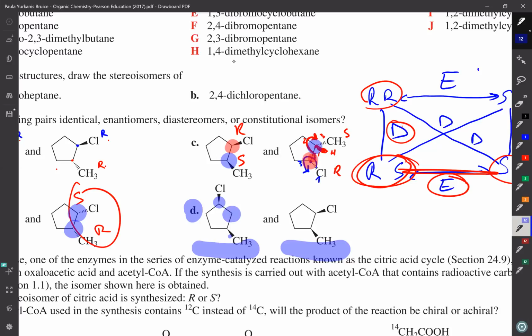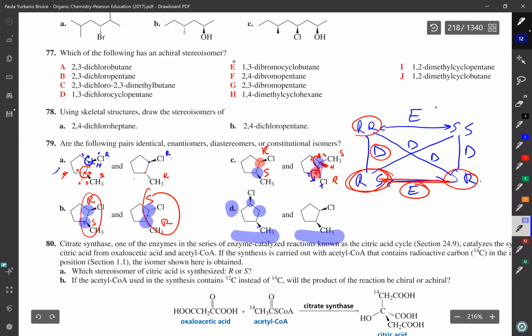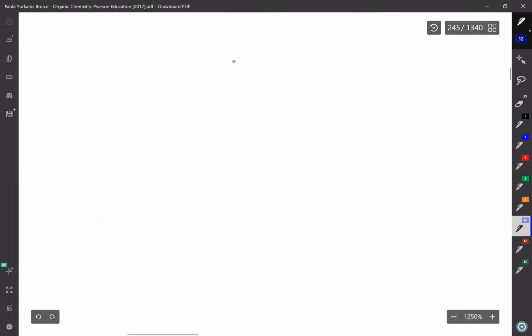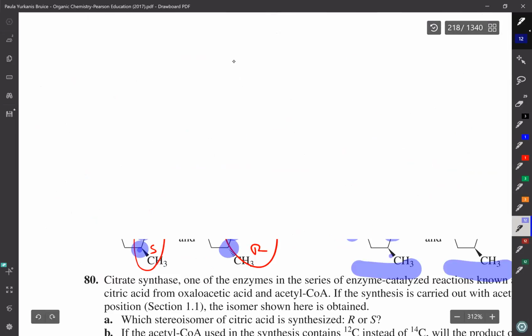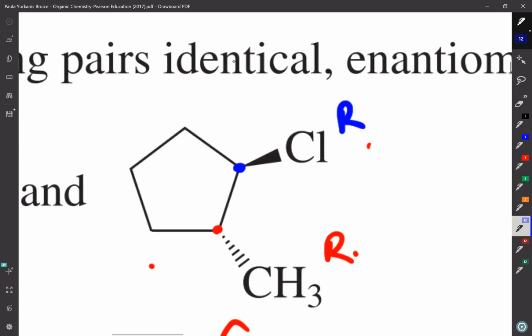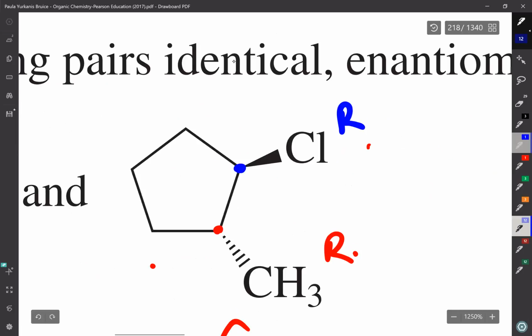Yeah, that makes sense. I have a question on how you number it in order to know if it goes clockwise or counterclockwise. You give them priority. The heaviest atom has priority number 1, and so on and so forth. Does that make sense? You give them numbers. Okay. So let's do that again for this one here. For this one, I will call this my chiral center.